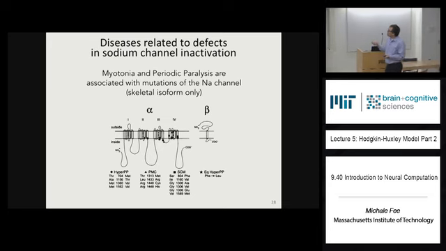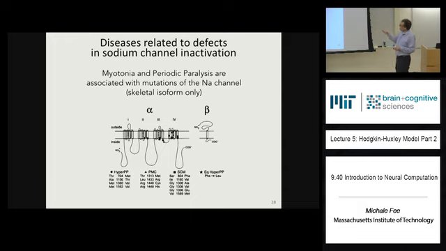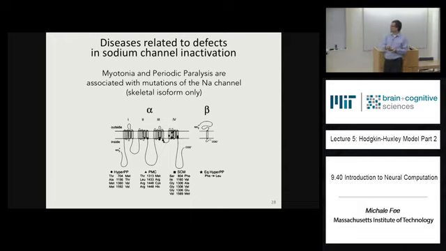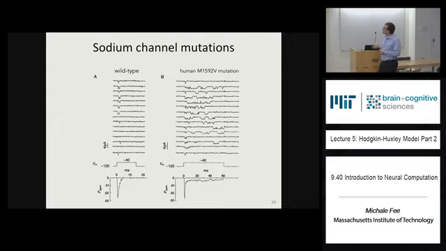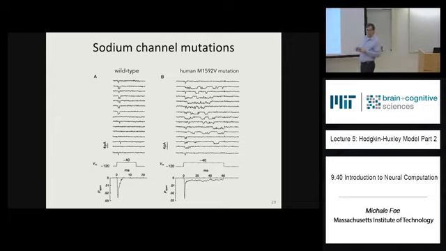So myotonia and the periodic paralysis that we just saw in those movies are caused by these different sets of mutations on those loops. And again, for these myotonias, these mutations are in the skeletal isoform of the sodium channel.